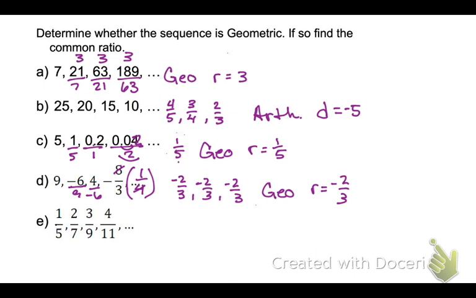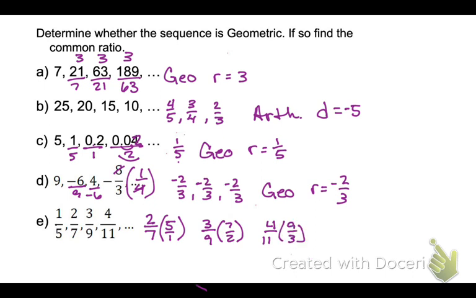Now we just got a bunch of fractions. So we're going to do 2/7 times 5/1, because I'm multiplying by the reciprocal. Then 3/9 times 7/2, and 4/11 times 9/3.